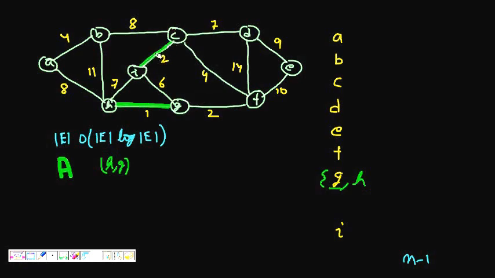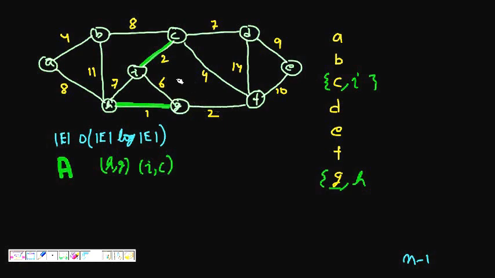I and C are in different sets, so we can select it in our spanning tree. They are joined together, and we have the same set IC, which is added to the minimum spanning tree.